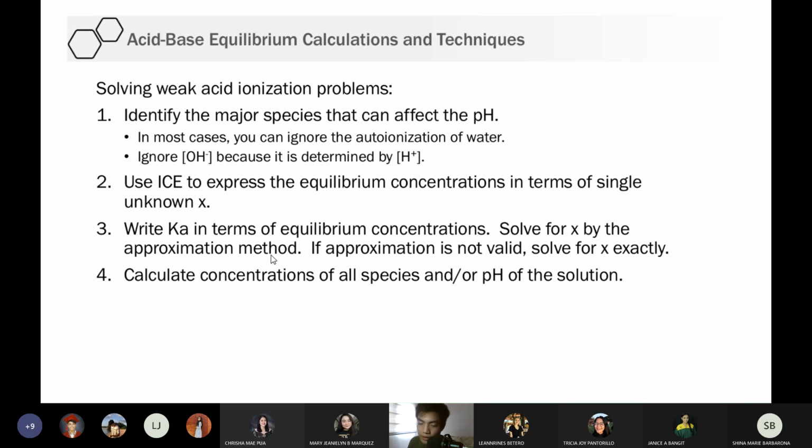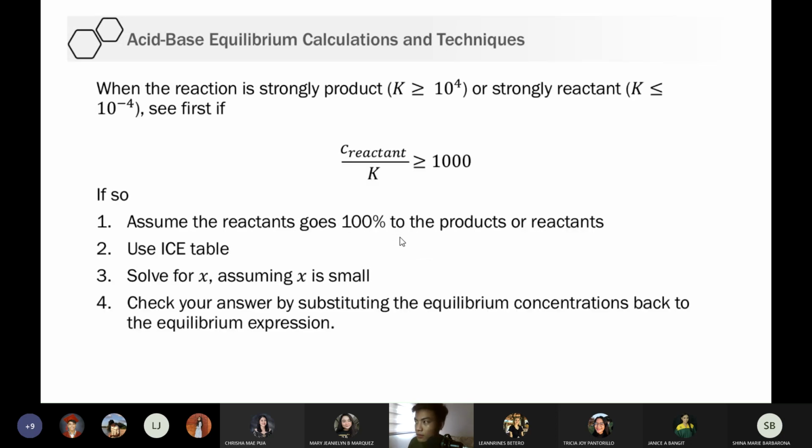For our discussion today, I will teach you the approximation technique, also called the small x approximation. According to the small x approximation, if the concentration of your reactant divided by the equilibrium constant is greater than or equal to 1000, then you can assume that x is small.